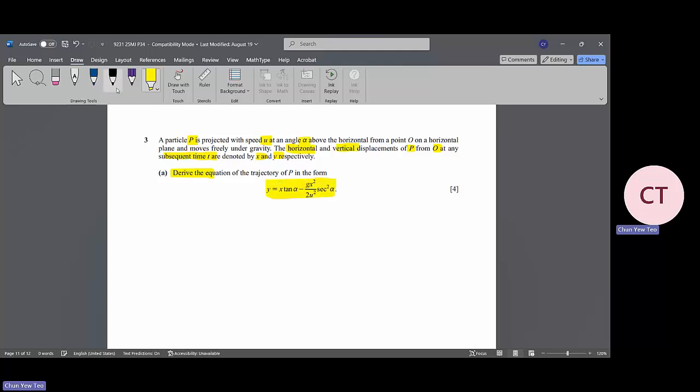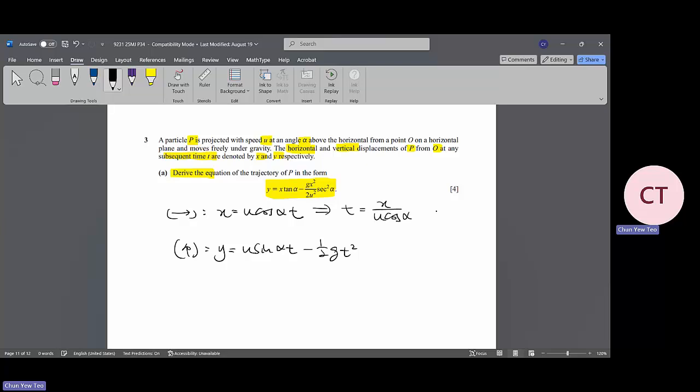So we will start from the horizontal displacement, which is x equal to u cos alpha t. Then for the vertical displacement, your y is equal to u sin alpha t minus half g t squared.